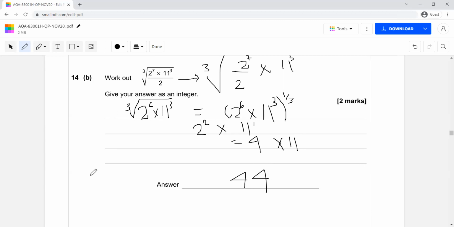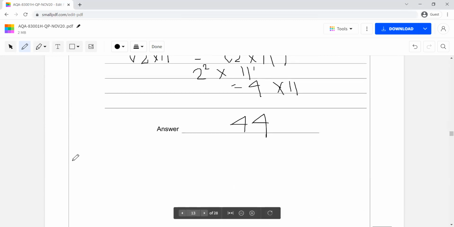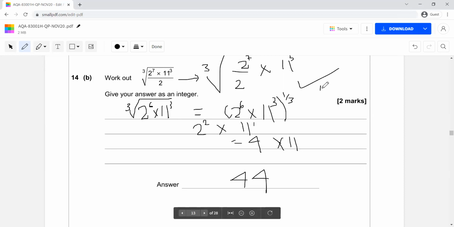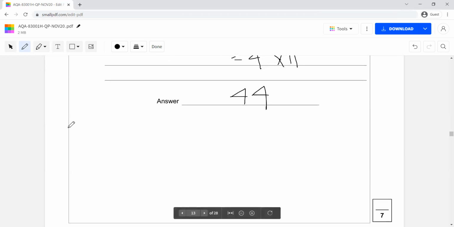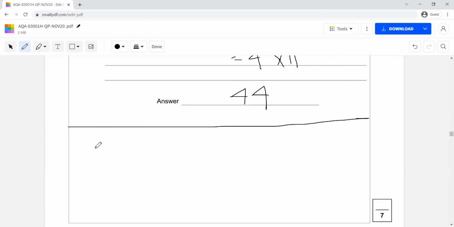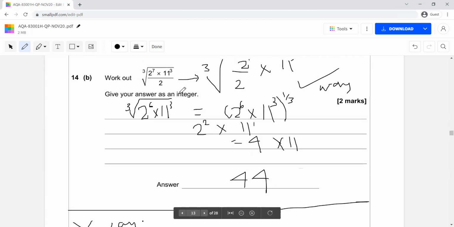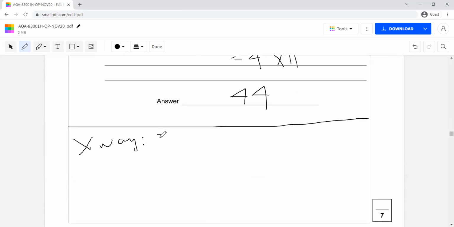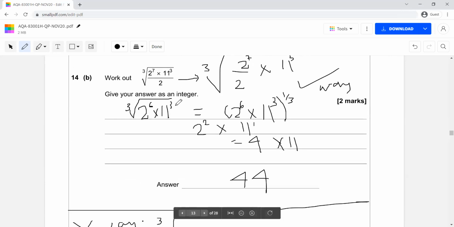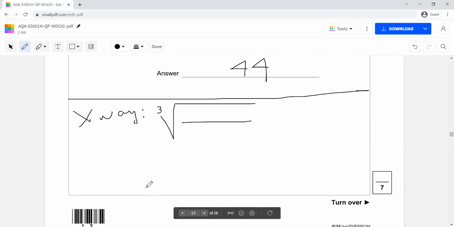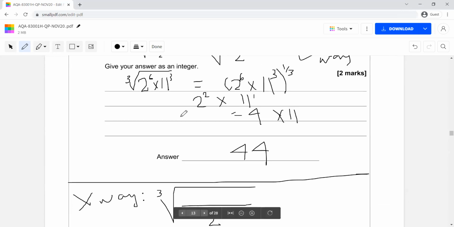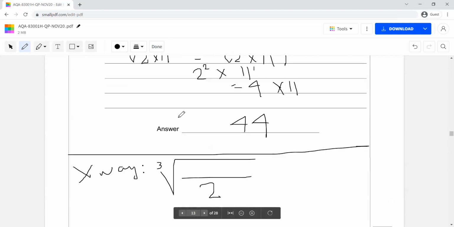Now don't fall into the trick. This is the correct way of doing this. What you might try and do if you're in a rush is the wrong way. I'm not saying it's the wrong way, I'm just saying you'll find it very difficult in time to get the answer. The wrong way is to say this is the cube root of, and then do something crazy, just don't do something like expand the two numbers, because you'll find it very hard to then work out what the cube root of the number is.